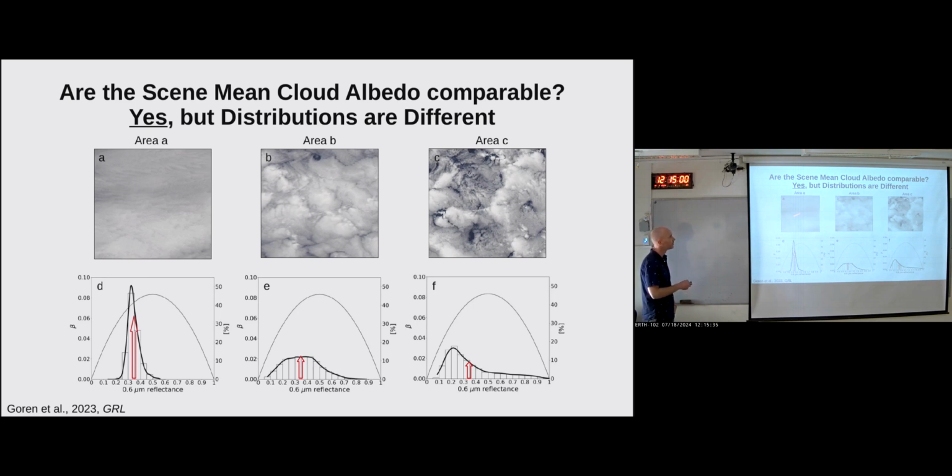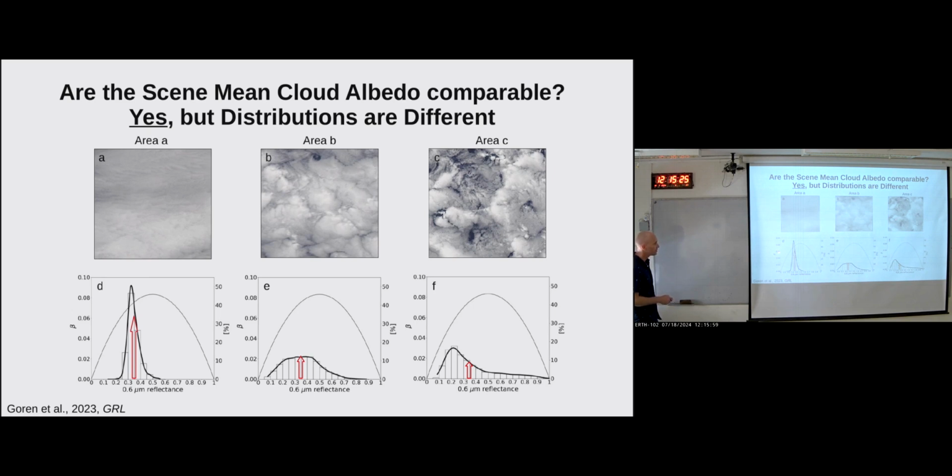These are closed cells, very homogeneous clouds. You see the distribution here of the reflectance at 0.6 micron, which is very similar to the cloud albedo. Here the distribution is much narrower, while here we have this skewness, which is due to the thick cores. But the scene mean albedo is the same.